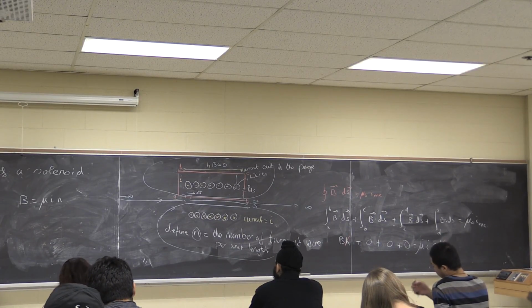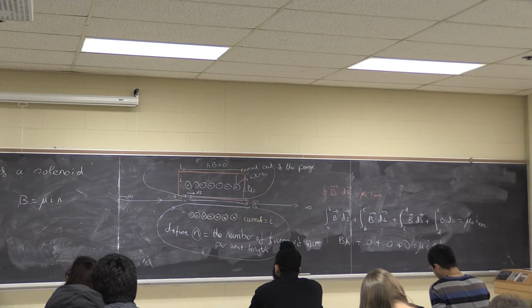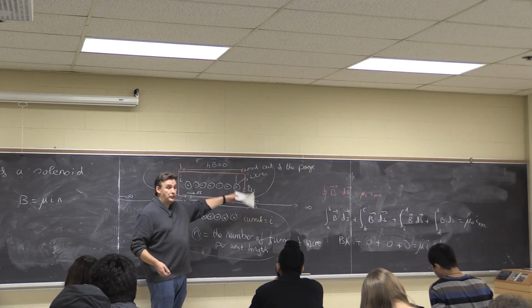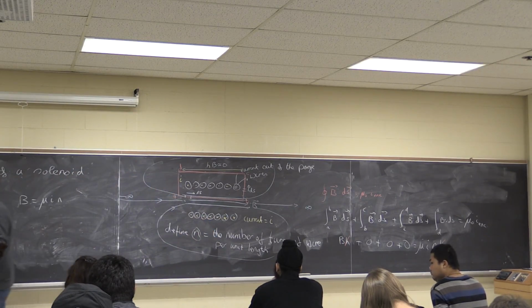It's got a north pole at one end, south pole at the other end. But I've created the magnetic field using the current. So if I turn off the current, I turn off the magnet. So it becomes an electromagnet, a useful device. And I can easily analyze that using Ampere's law to give me an estimate of what the magnetic field strength would be.